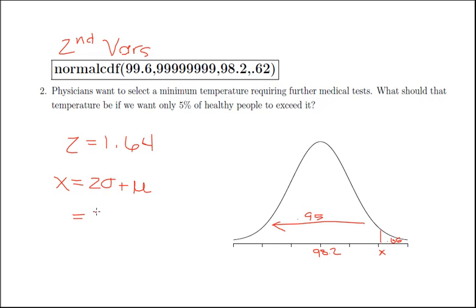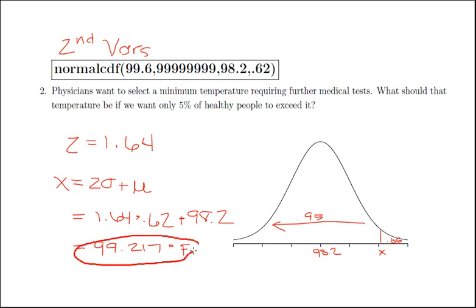And so my z is 1.64 times 0.62 for my standard deviation plus 98.2 for my mean. Okay, so that gives me a value of 99.217, and that's going to be degrees Fahrenheit. And then that's my answer.